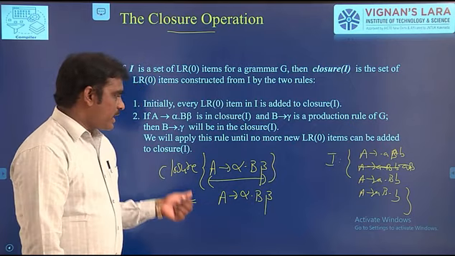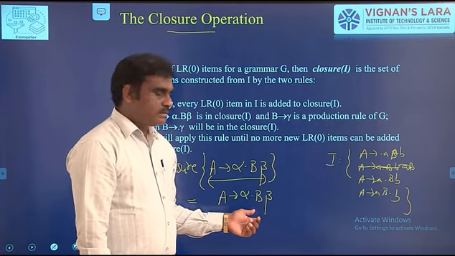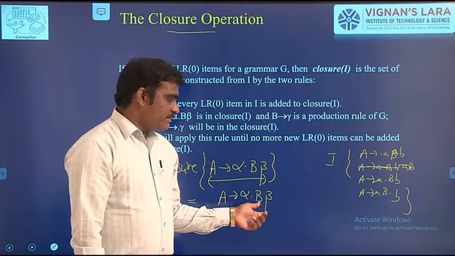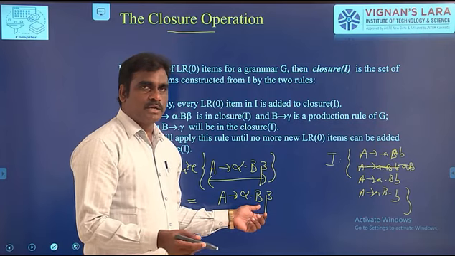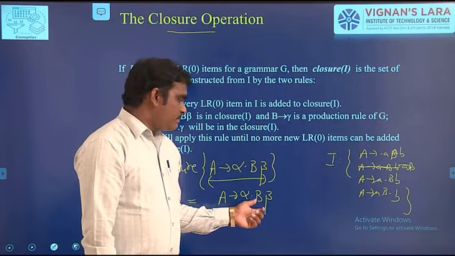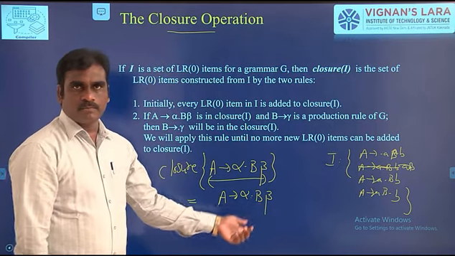And the next step is to check whether the symbol after the dot is a terminal or a non-terminal. Suppose the dot is followed by B. Is B a terminal or a non-terminal? You have to check. Suppose B is a terminal symbol, then leave it. This is the answer.